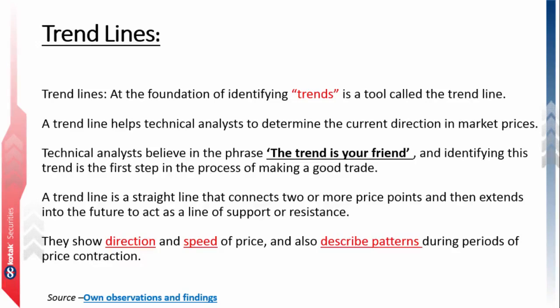What is important here is that the trend is your friend. Friends, please keep in mind that in the stock market, we always have to follow the trend. If you take any contra bet, then that has to be backed by either a reversal formation or by specific stop losses.